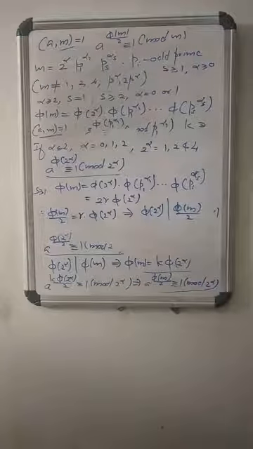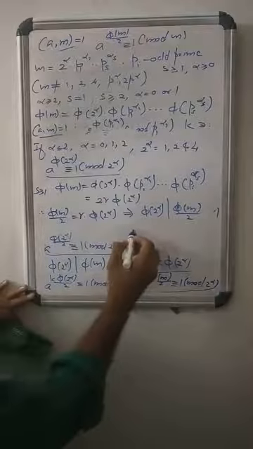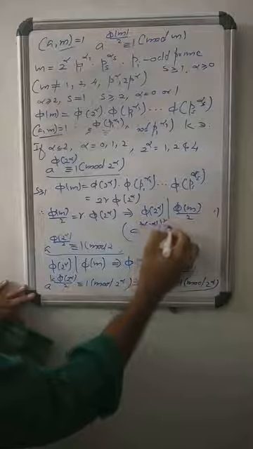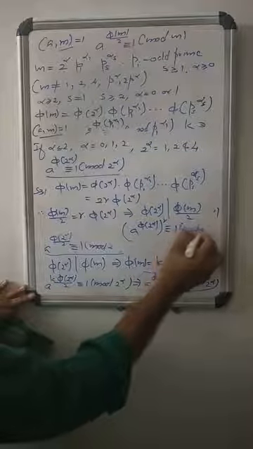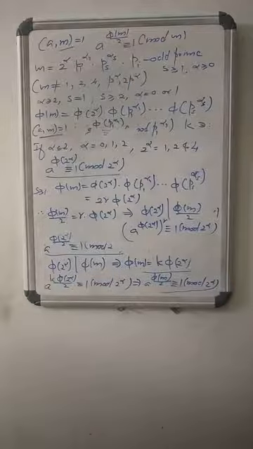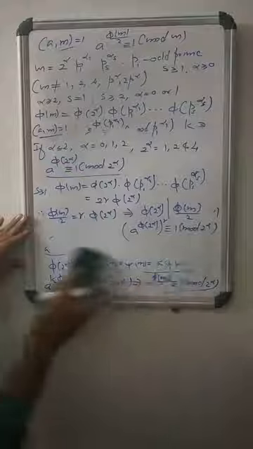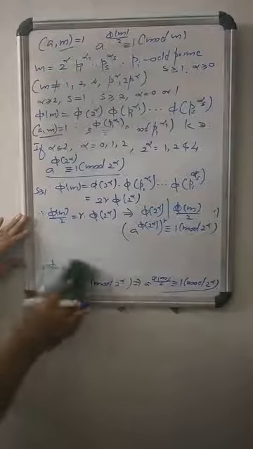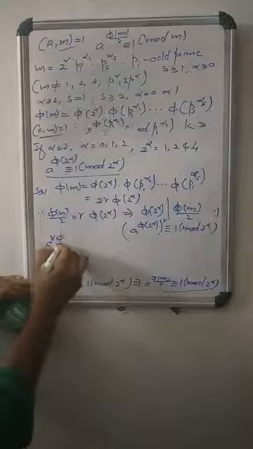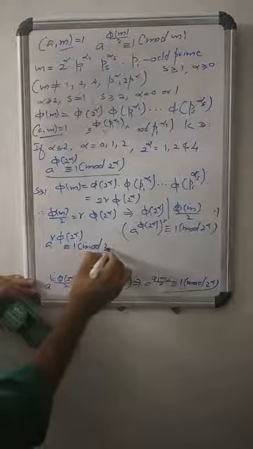So we have a power phi of 2 power alpha, all power, congruent to 1 mod 2 power alpha. Agree? That means a power phi of 2 power alpha, all power r, means a power r into phi of 2 power alpha, congruent to 1 mod 2 power alpha.